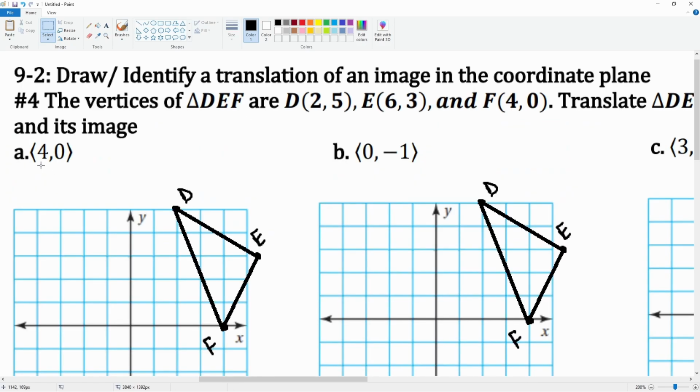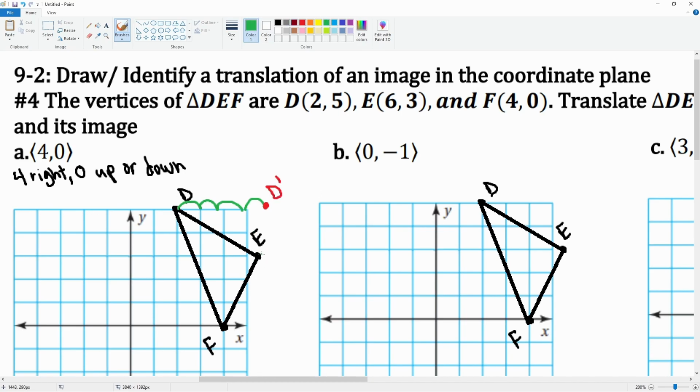So what does (4, 0) mean? It means it's going to go 4 right and 0 up or down, because the first value is for right or left, and the second value is for your y, which is up and down. So we're going to move this 4 to the right: 1, 2, 3, 4. This is the new point D prime.